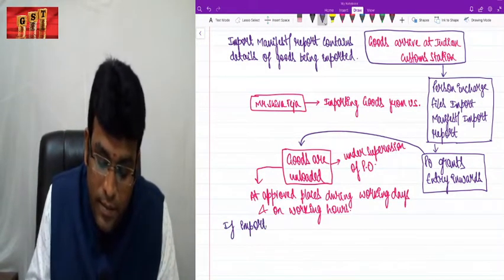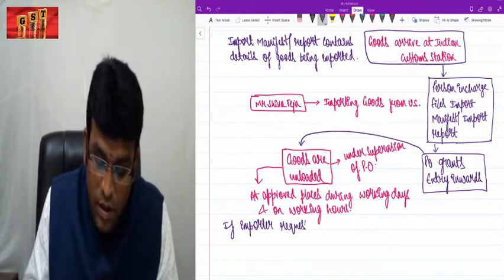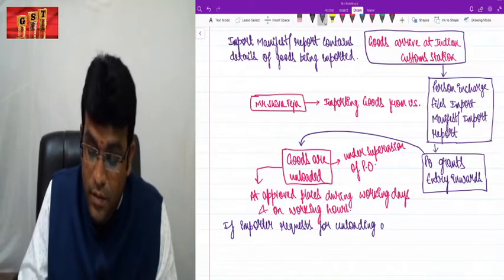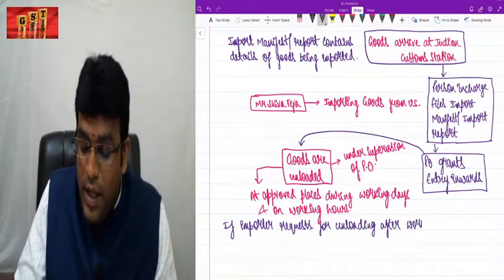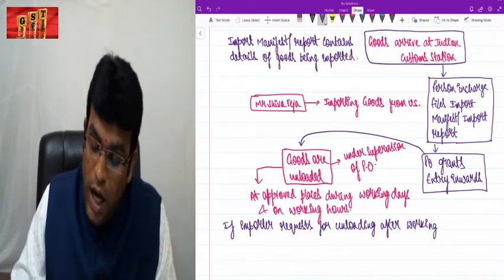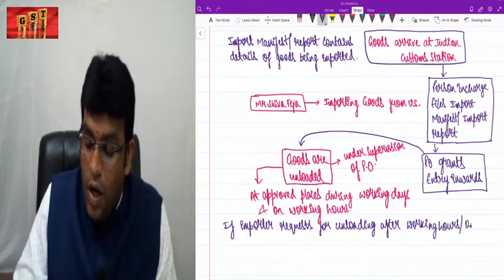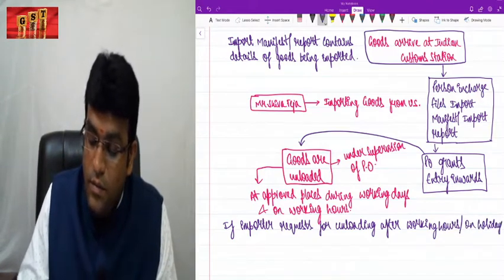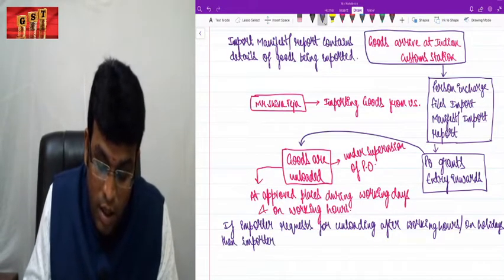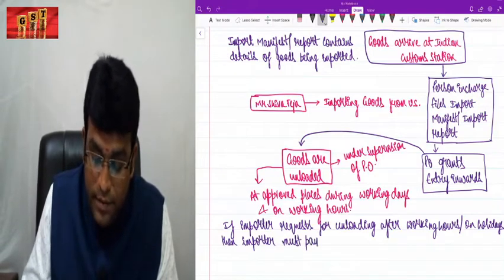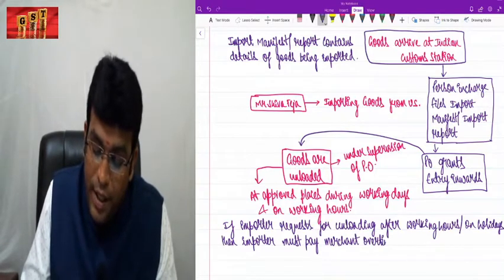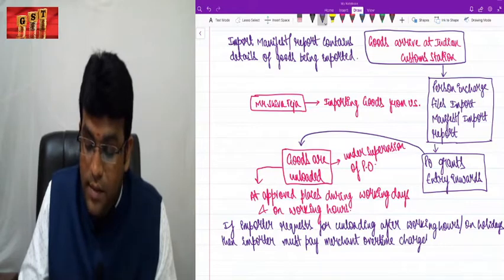If importer requests for unloading after working hours or on holidays, then importer must pay merchant overtime charges.